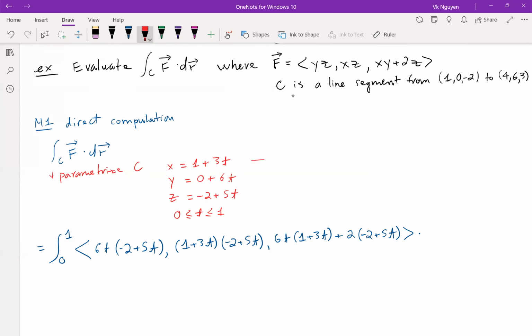Actually, let's do this then here. x prime is 3. y prime is 6. z prime is 5. So, oh, not too bad. 3, 6, 5 dt. It's a lot of algebra, but it's not that bad.